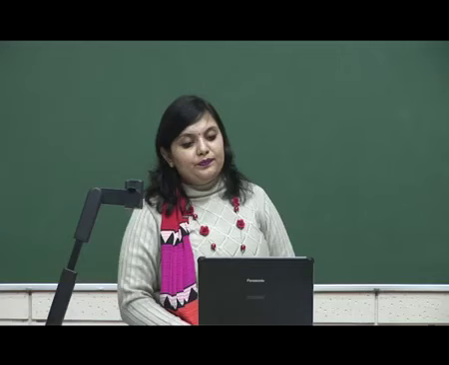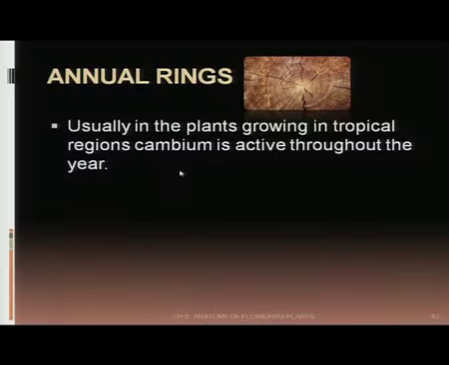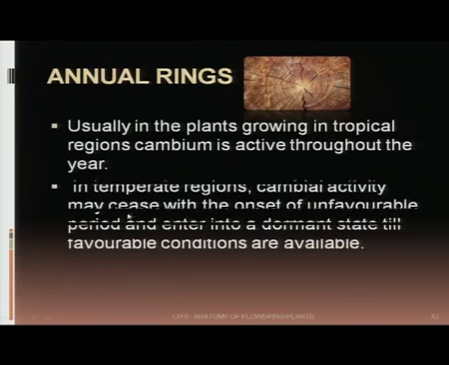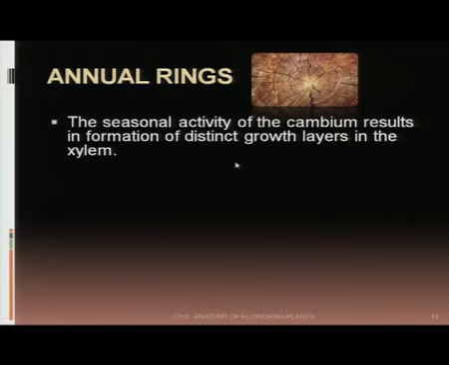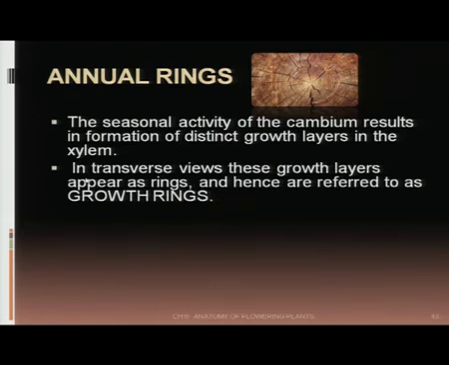How are they formed? Usually, in the plants growing in tropical regions, cambium is active throughout the year, but in temperate regions, cambial activity may cease with the onset of unfavorable period and enter into a dormant state till favorable conditions are available. And because of this seasonal activity of the cambium, distinct growth layers are formed in the xylem, and these growth layers appear as rings in the TS.